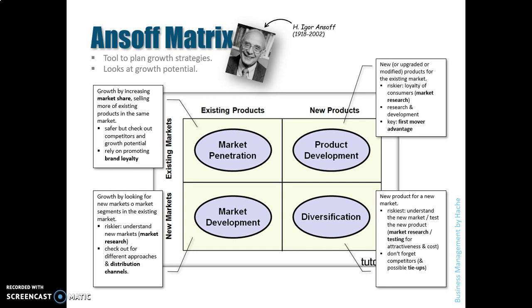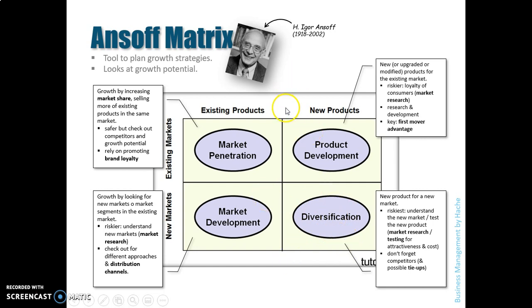Then there will be more market research and testing to make sure that costs, prices, and everything will be okay for your new product in the new market. And obviously, something you have to keep an eye on is competitors, because those new markets will also have other businesses working in them. Then it is very important to take a look at that before making this move. So this is a bigger move.